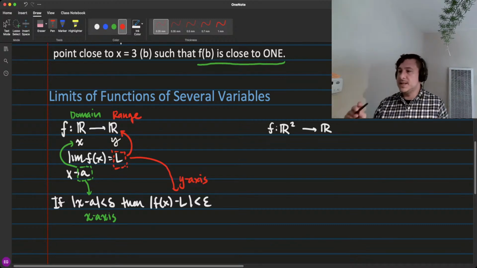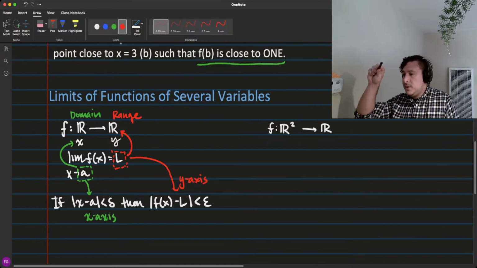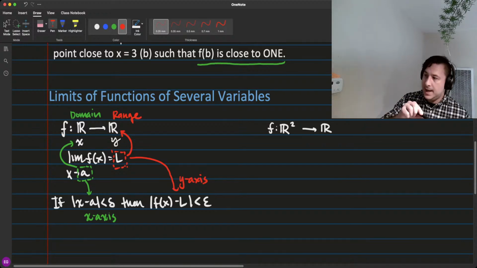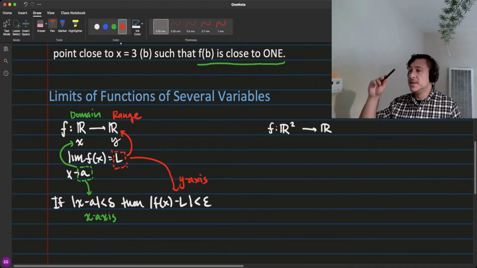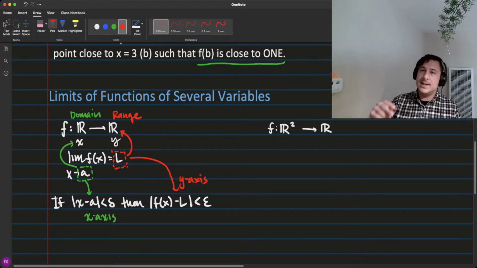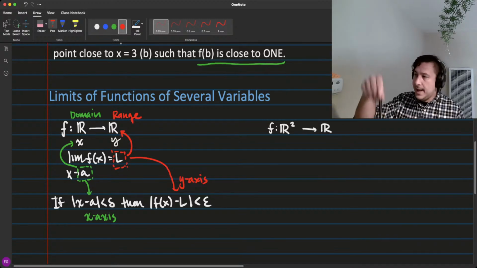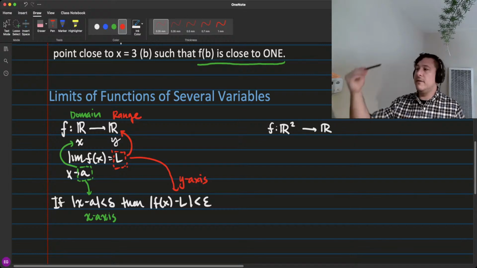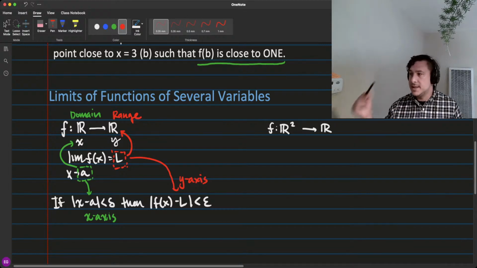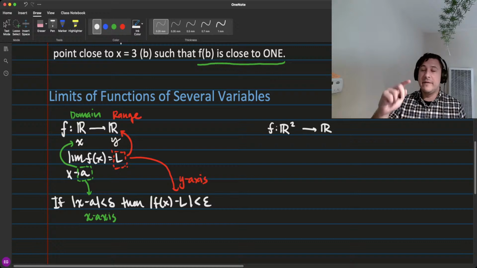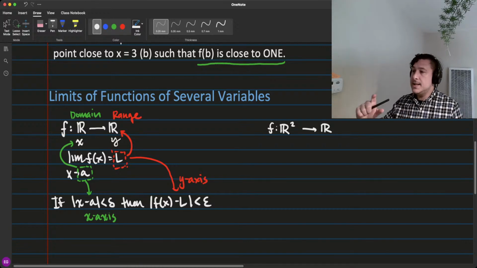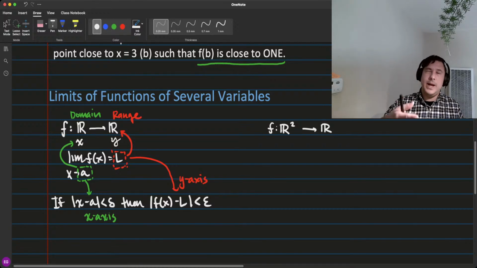Does everyone get what I'm saying there? You have the limit as x goes to a. x is your domain, so that's on your x-axis. What was the limit of f of x as x approaches a equal to? L, so the limit was equal to something from your range, and that's on the y-axis. Life is going to be a little more complicated for a function that has the domain as R2 and the range as R.